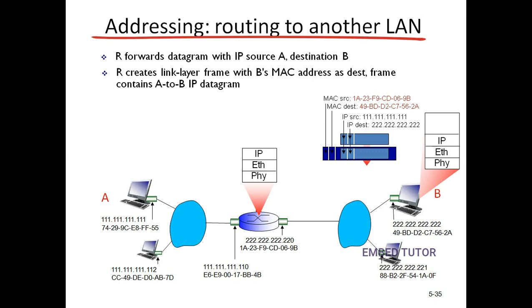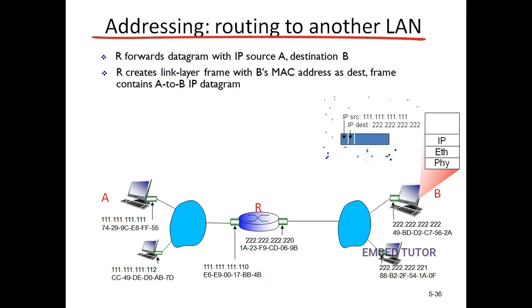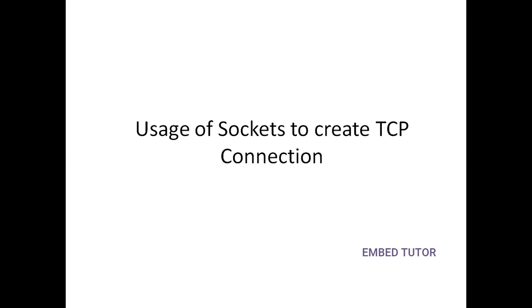In this way, the frame will be routed from one network to another network via the router. So with this, you got a clear idea about how the MAC addresses are used in forming the frame. Only the frame travels through the media to reach the destination.